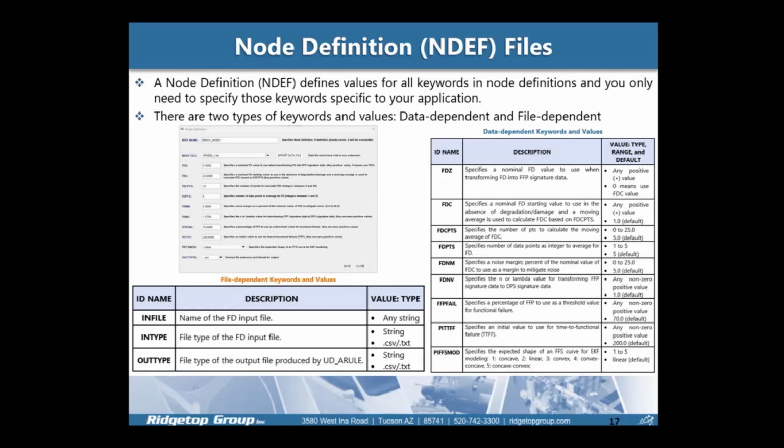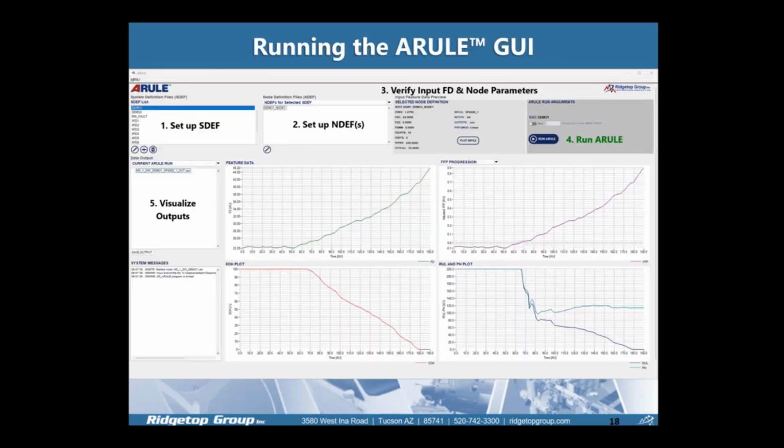So shown here is what the ARULE GUI looks like. The top half is your data input half, basically, where you define your system and node definition files, and then run ARULE.